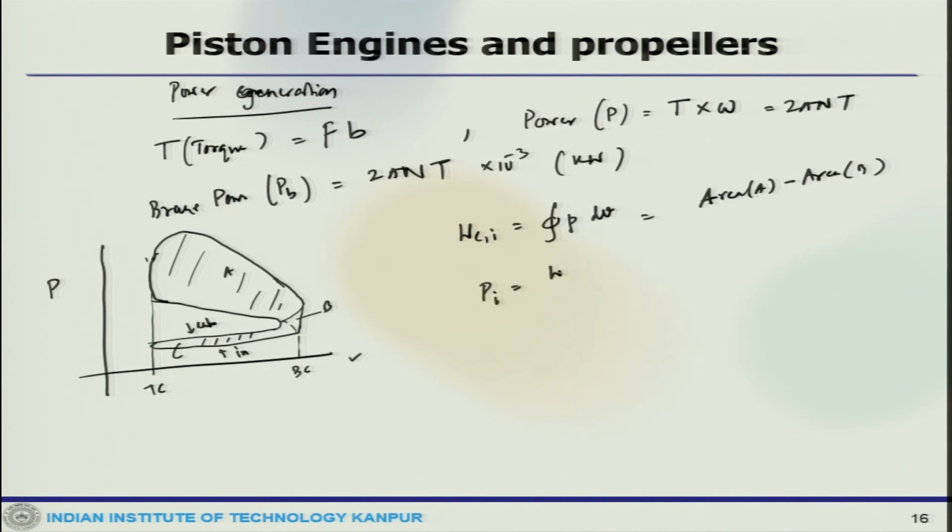So, the indicated power per cylinder is WCI into N by NR, where NR is the number of crank revolutions per cycle. NR equals 2 for a 4-stroke engine, and 1 for a 2-stroke engine.